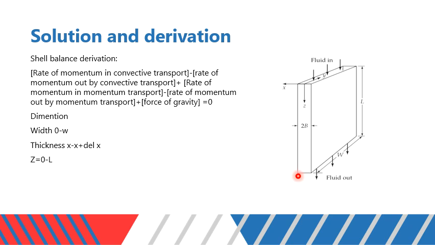Here we will take the dimensions as a small fluid element between the plates. So x will be from x to x plus delta x. In the y direction, the dimension will be 0 to w, and in the z direction 0 to l.